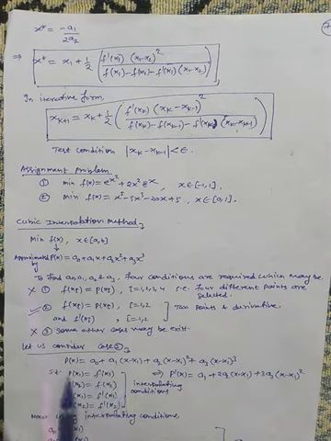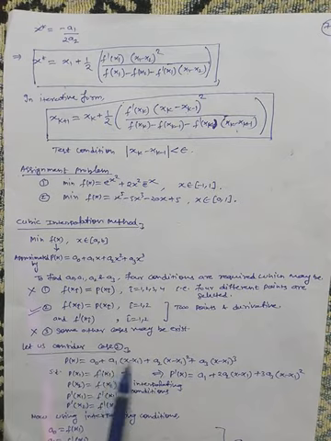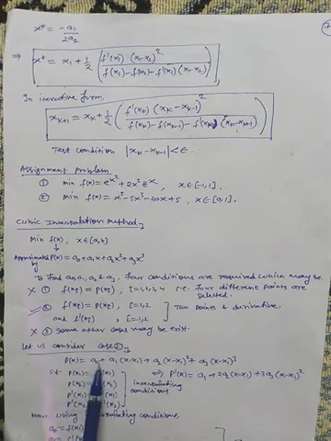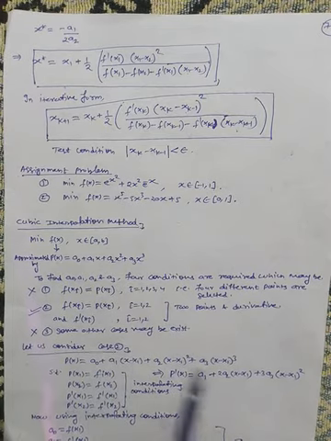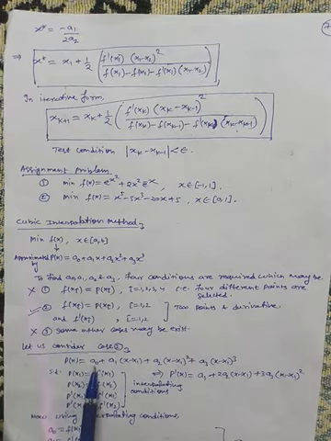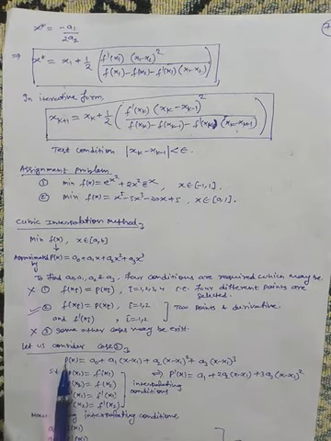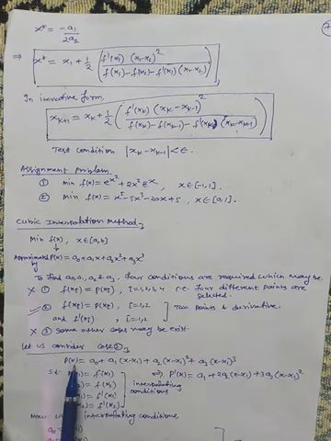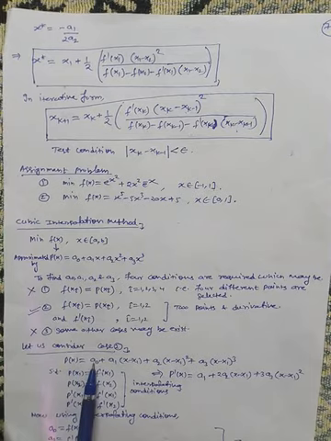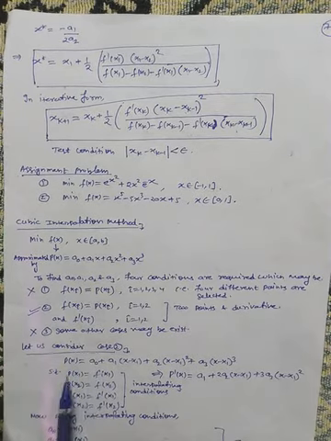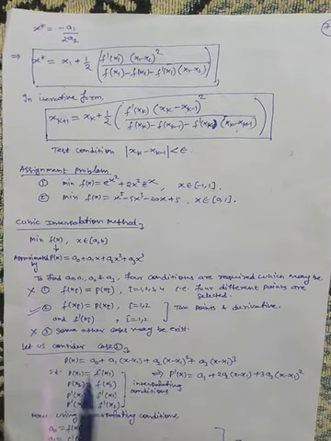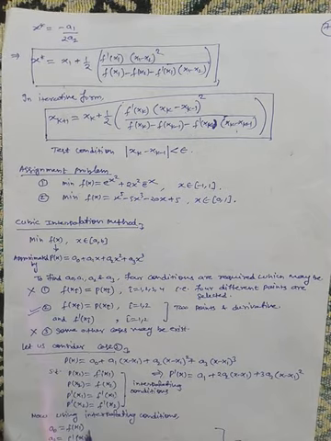We will get a0 only, since the other terms will be 0. So p at x1 is a0, which according to this condition is f of x1. So this is the first condition.